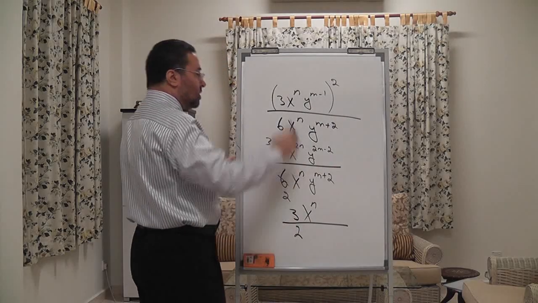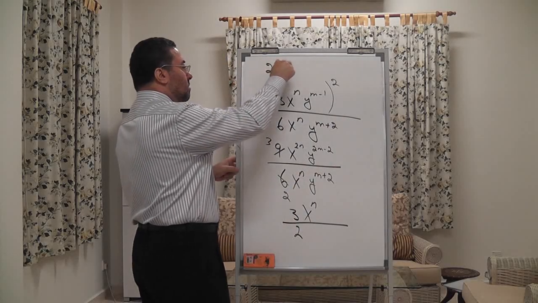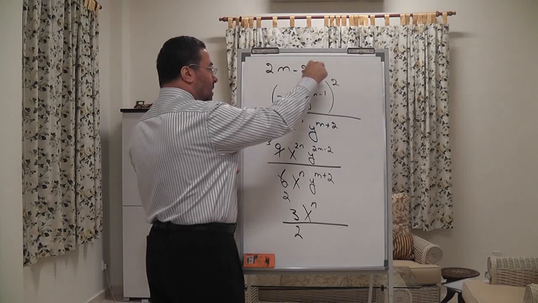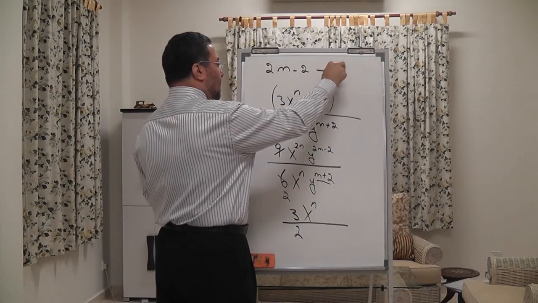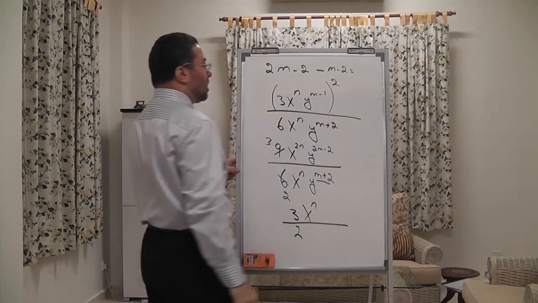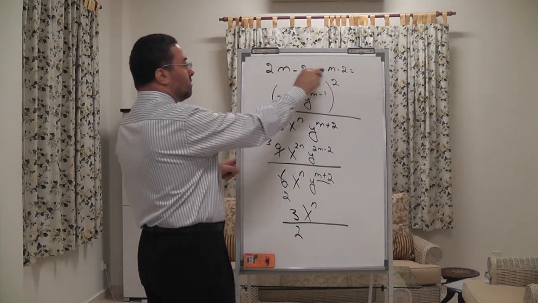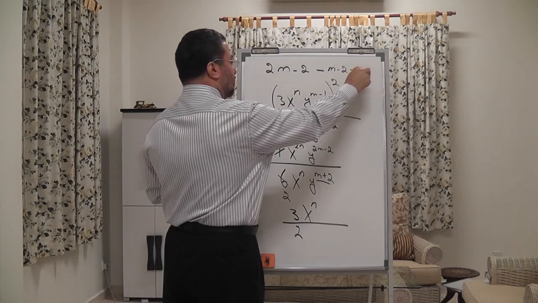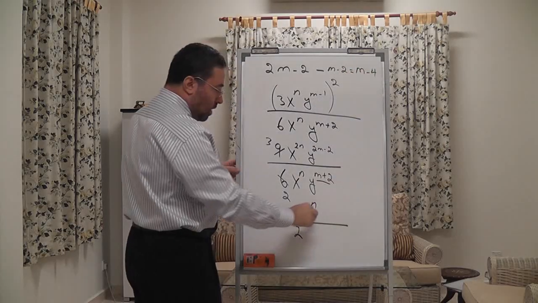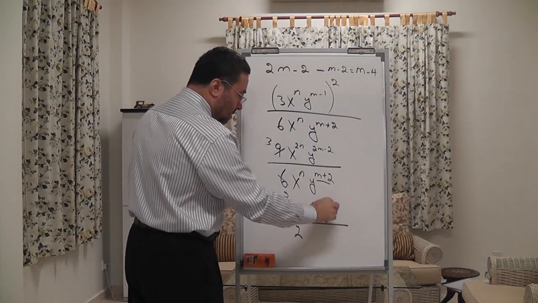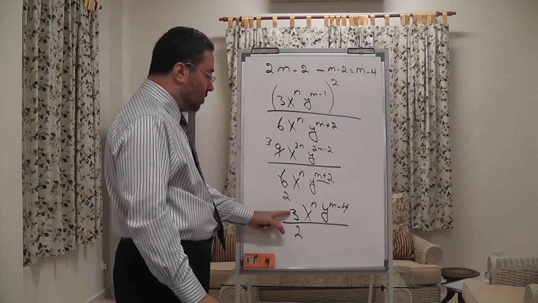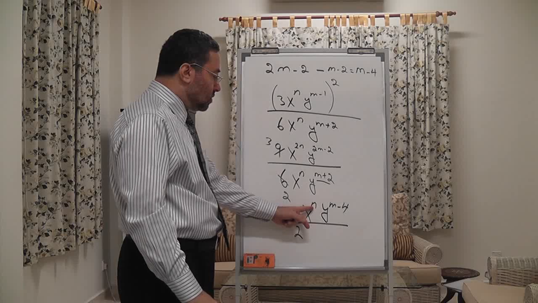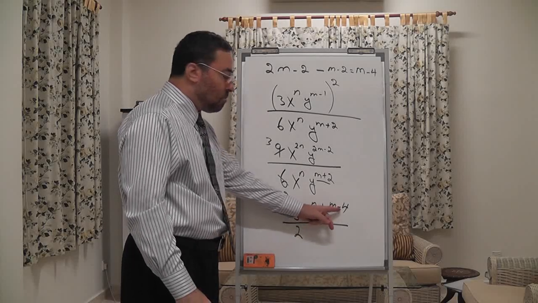So let's do this on the side, 2m minus 2 minus this power, and that will be minus m minus 2. And that will give us m minus 4. So the power of y will be m minus 4. And that will be our answer. 3 over 2, x raised to n, y raised to m minus 4.